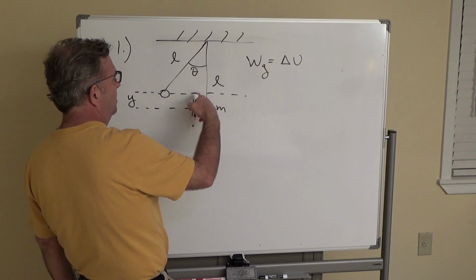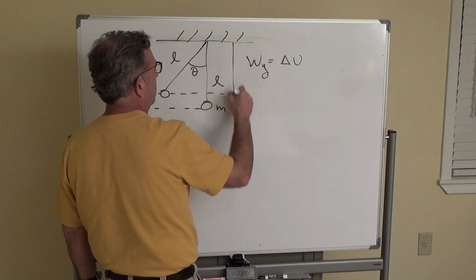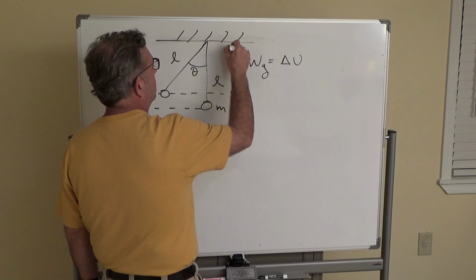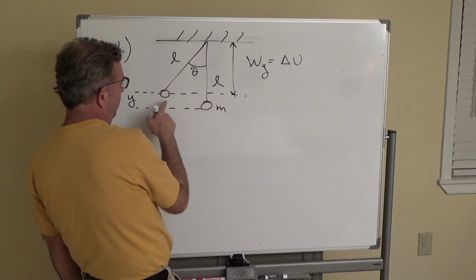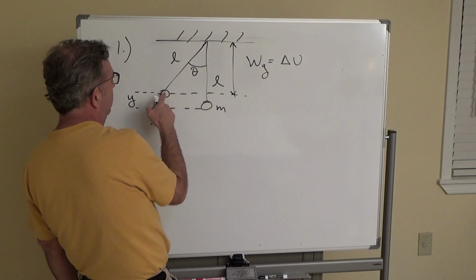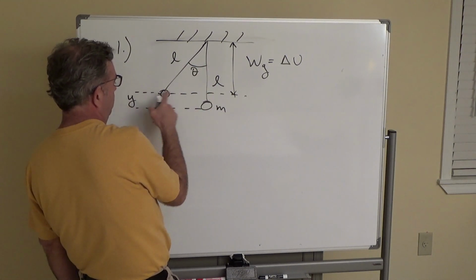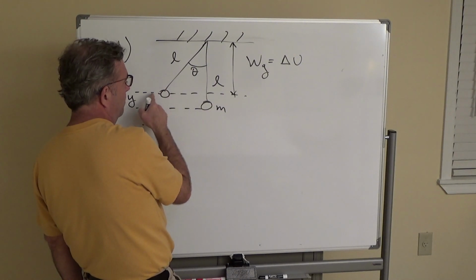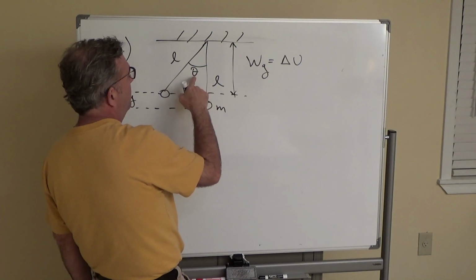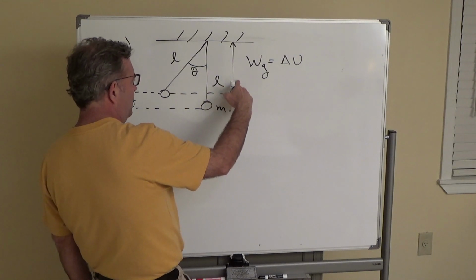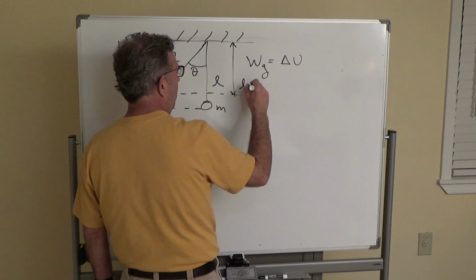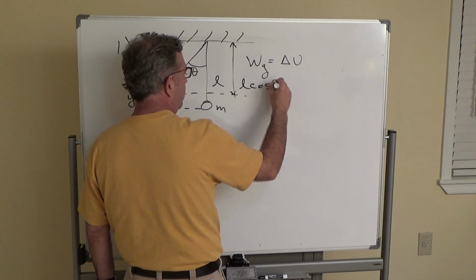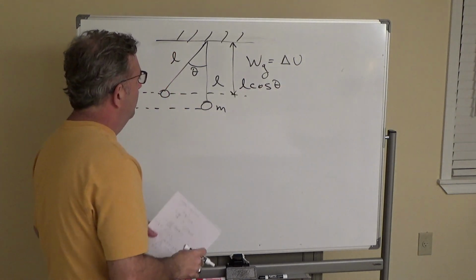This little bit of distance here is equal to, since this, when the object, Spider-Man, is at this angle or this distance, okay, then this bit of distance is L cosine theta, right?